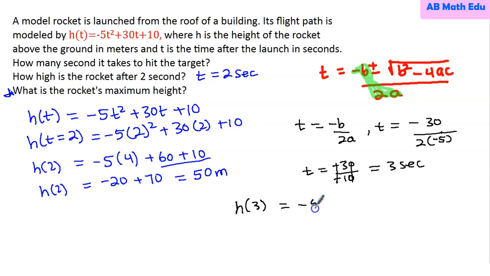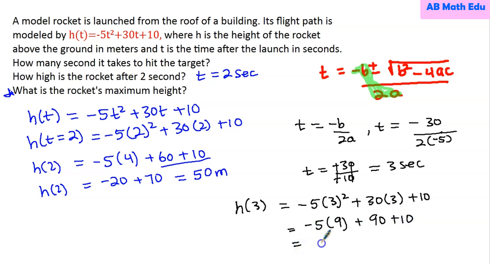So we get -5 times 3 all squared plus 30 times 3 plus 10. It gives us -5 times 9, because 3 times 3 is 9. Here will give us 90 and then 10.